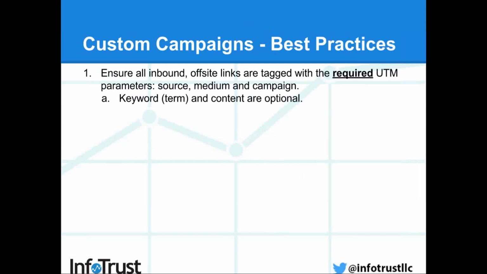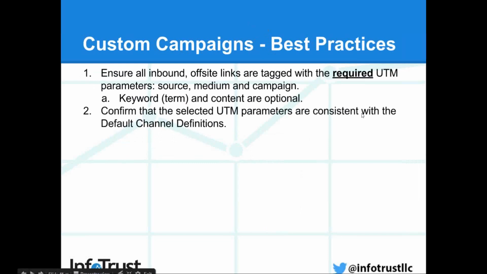You do not want to use this kind of tagging for links that are already on your website. That'll cause you problems with your GA tracking. So very important, this is only for inbound off-site links. And with that, the second point here is, if you're going to do this, you must set values of source, medium, and campaign. Those three are required.